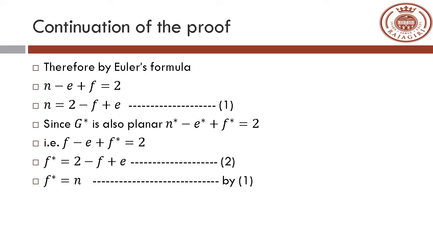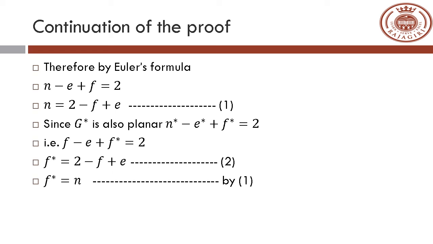For a planar graph, by Euler's formula, n minus e plus f is equal to 2. Therefore, n is equal to 2 minus f plus e. And since the dual graph G star is also planar, Euler's formula gives n star minus e star plus f star is equal to 2.